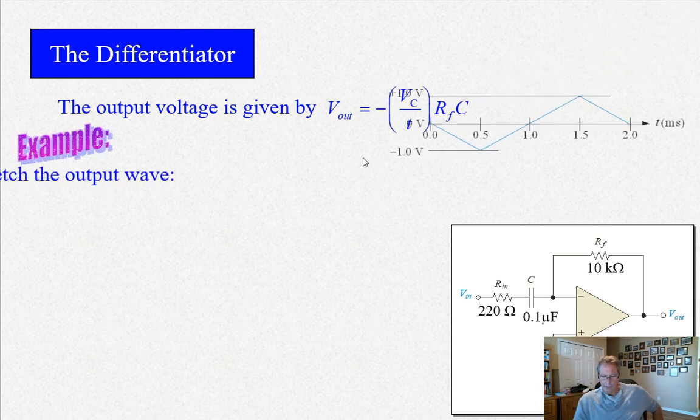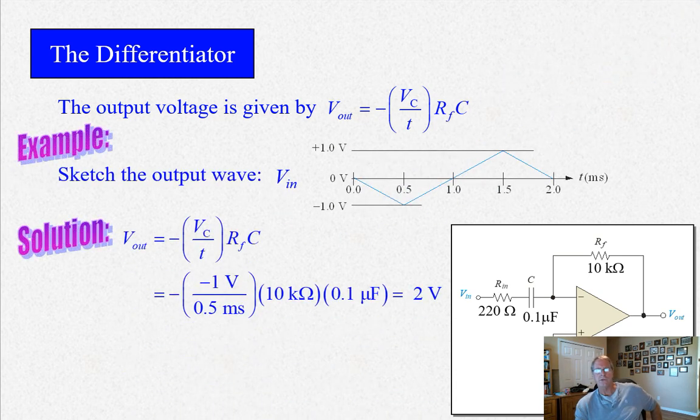So let's take a look at some curves here. Here's our input, and this is the input voltage. Minus 1 volt is the voltage across the capacitor, which is our input voltage, ramping.